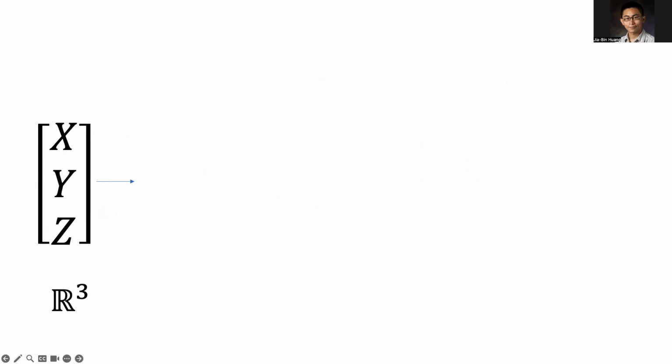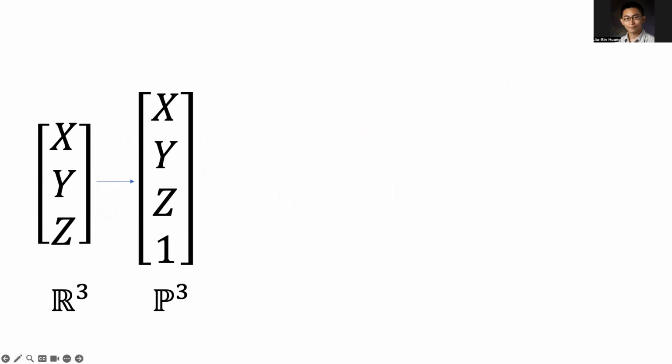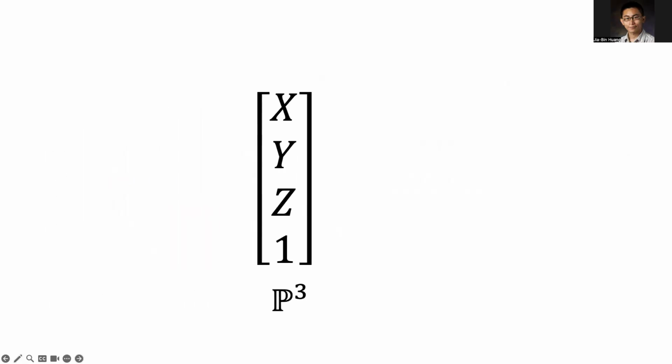If I just add a 1 at the end, then I can write this nonlinear transformation from XYZ to the 2D plane as a linear transformation. Here's how it works. I don't do anything to XYZ, I just add a 1, turning it into a homogeneous coordinate, and then what will happen?